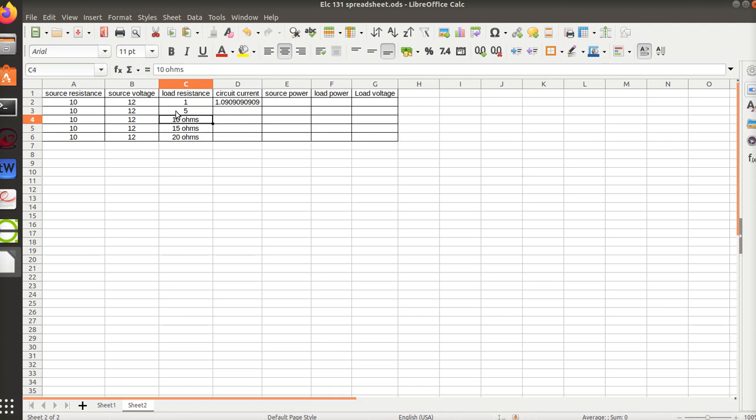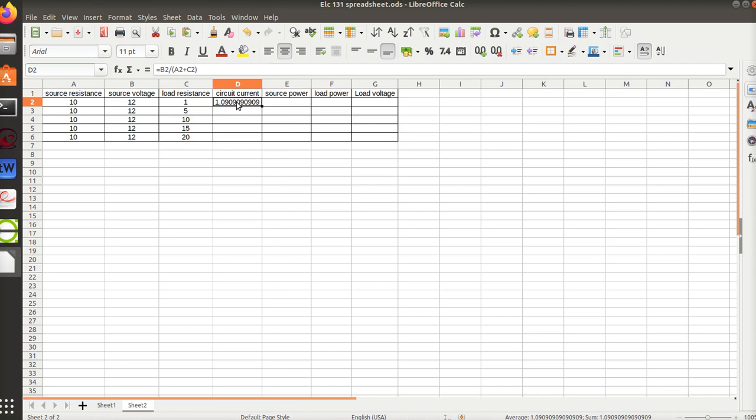Equals 5. Equals 10. Equals 15. And equals 20. Now my formulas will work. So this is the circuit current in the first circuit where I've got 12 volts, 10 ohms of source resistance, 1 ohm of load resistance.